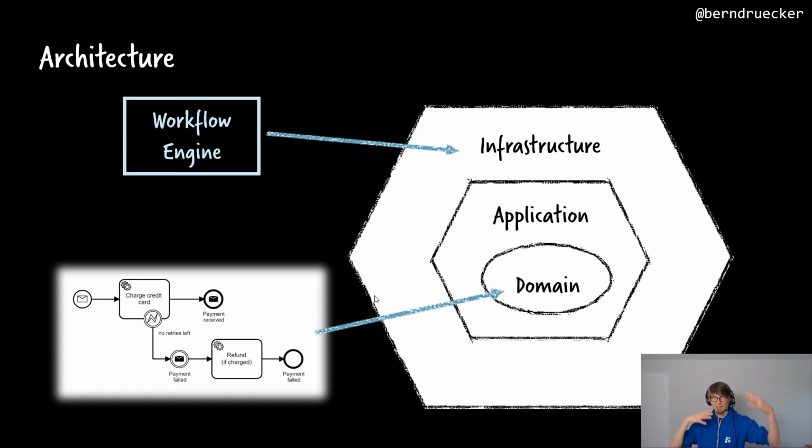Just architecture-wise, I see this logic, these process models, as domain logic. So instead of writing it in Java code, you probably express certain parts in a process model, because that makes sense. And then you need the infrastructure like a workflow engine in order to execute that, right? And that can be very simple, actually.